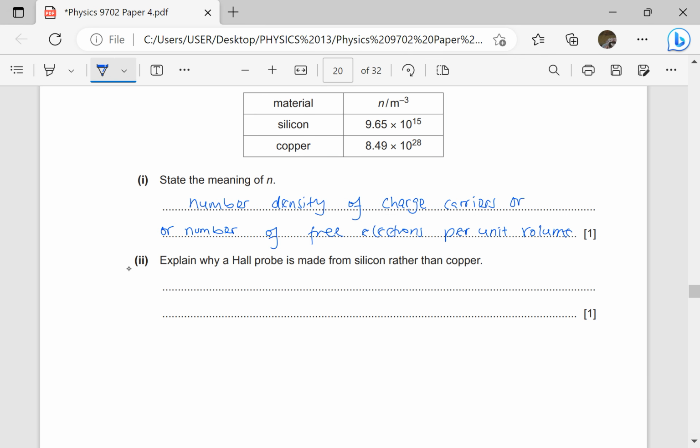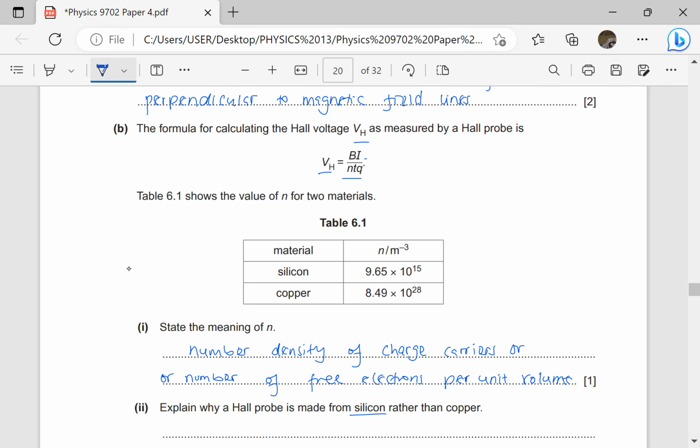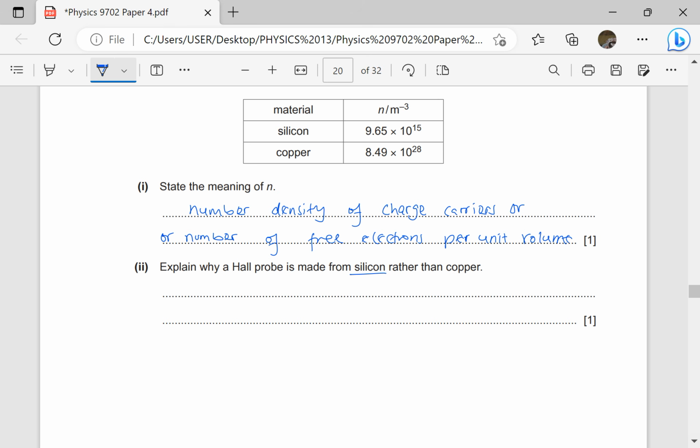Explain why a Hall probe is made from silicon. We know that silicon is a semiconductor, and semiconductors have a small value of n. And remember, VH is inversely proportional to n. A small value of n will give a large value of VH, which is easier to measure.